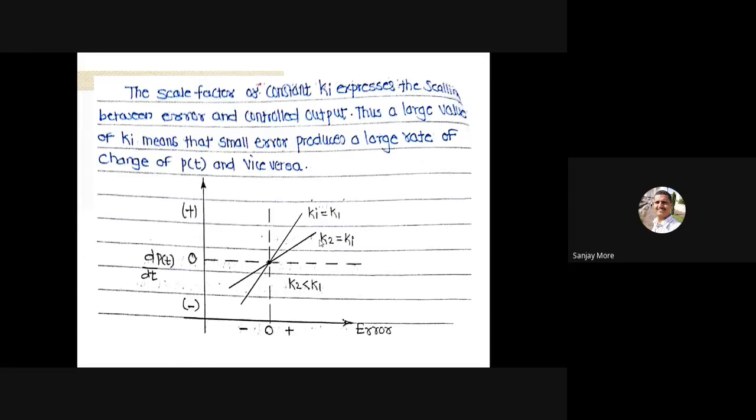The scale factor or constant Ki expresses the scaling between error and controlled output.